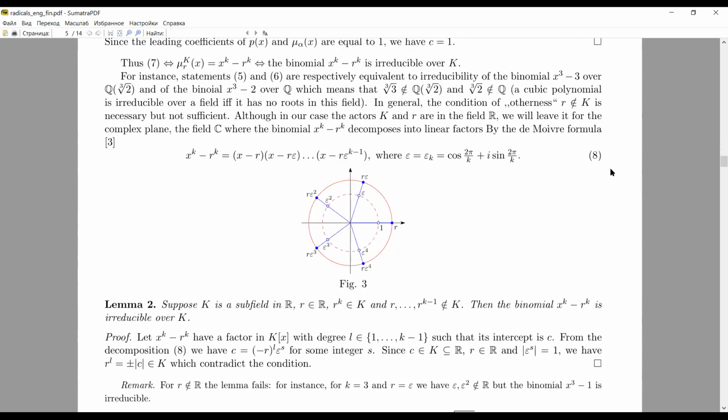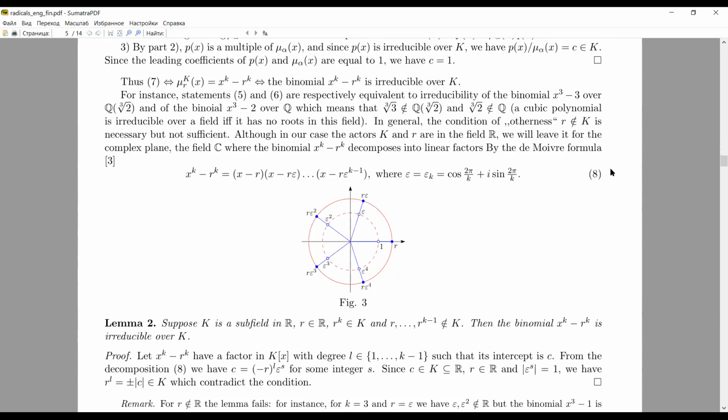A little bit more. Yes. This condition 7 is equivalent to the fact that the minimal polynomial of r is the binomial x to the power k minus r to the power k. That is, this binomial is irreducible over K. So let us figure out this irreducibility.